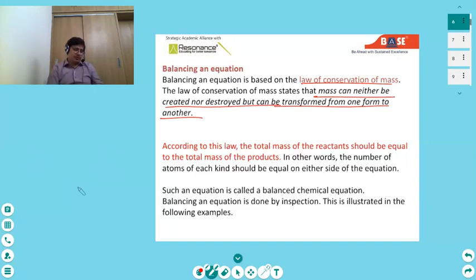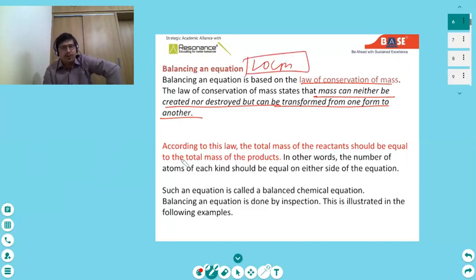Or the law of conservation of mass, you can understand like this. Suppose I take half kg rice and I take half kg curd. Mix both of them, you get curd rice. How much curd rice will you get? 1 kg. Half plus half is giving 1. So this is the law of conservation of mass. The amount of reactant you use must be equal to the amount of product. So balancing of equation is based on LOCM, law of conservation of mass. Please remember here onwards.